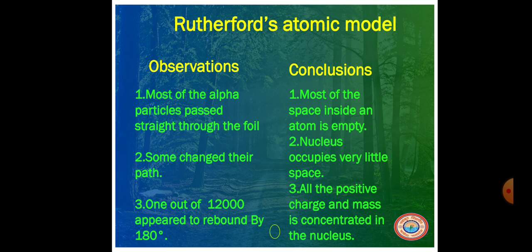Now, let me explain what the nucleus is. Nucleus is the center of the atom, which is positively charged. So we know that alpha particles are also positively charged. So when they come in contact with the nucleus, they will change their path, and 1 out of 12,000 alpha particles appeared to rebound by 180 degrees, that means reverse.